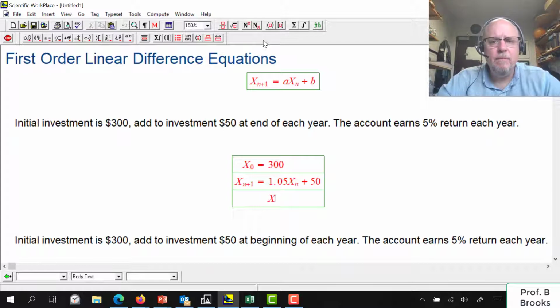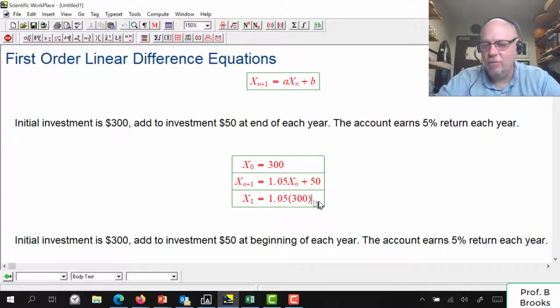So at year 1, how much would I have? Well, I'd take 5% and add it to my 300. So I take my 300 and multiply by 1.05. 5% of 100 is 5, I've got 300, so I add on $15.